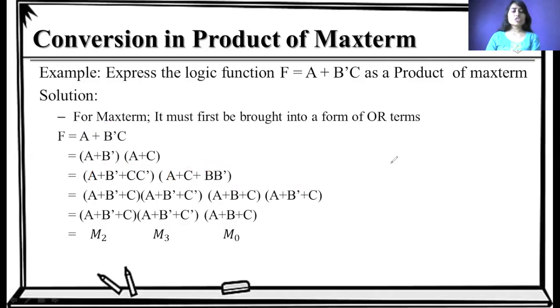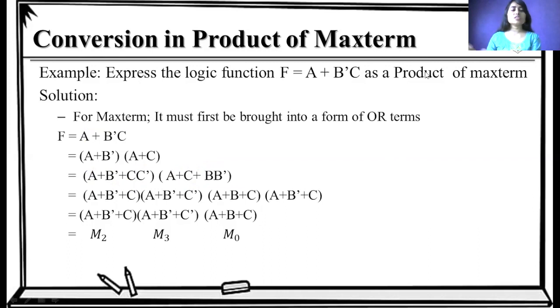Here we have the term (A + B' + C)(A + B' + C')(A + B + C). As we have a repeated term, we write it only one time.